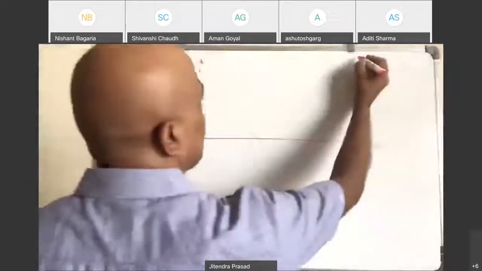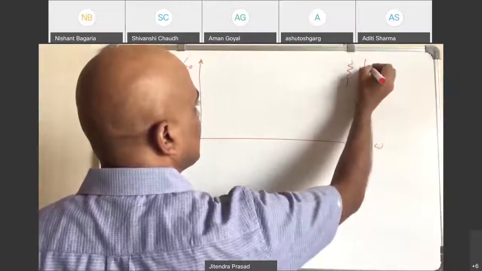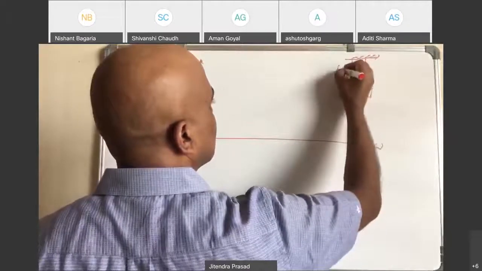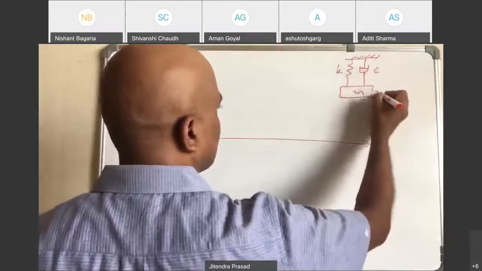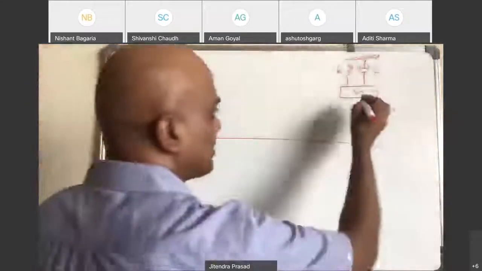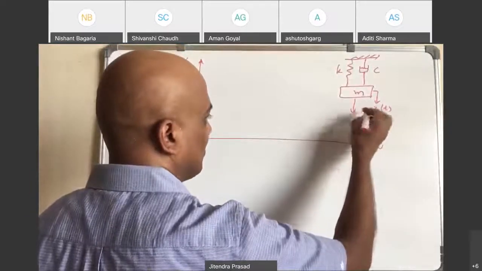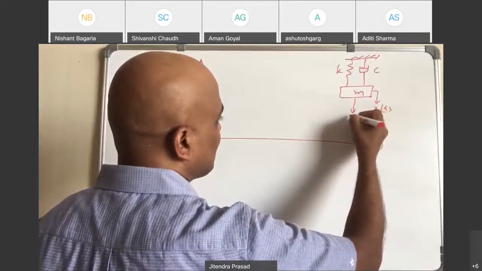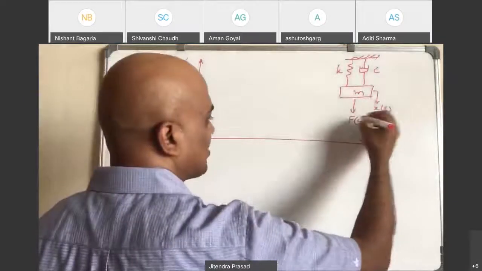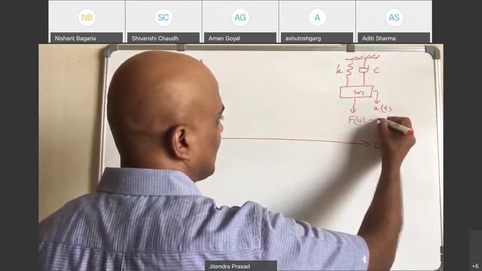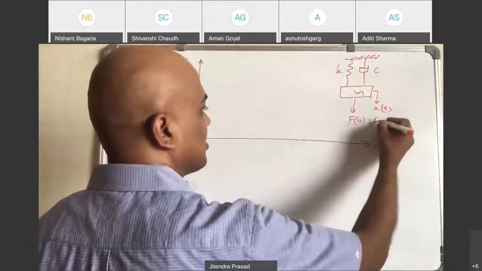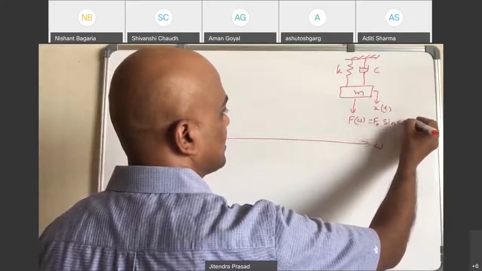We are talking about any spring mass damper system with K, C, and x(t). A force which is a function of omega is applied, something like f naught sine omega t.